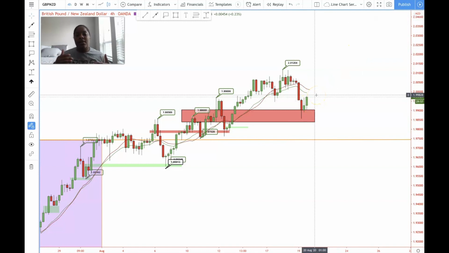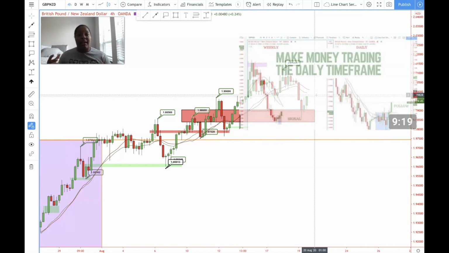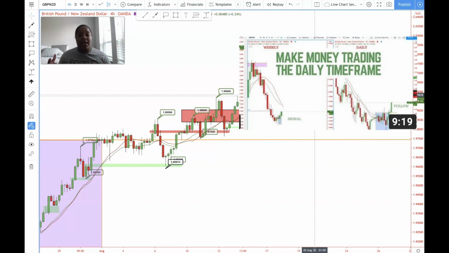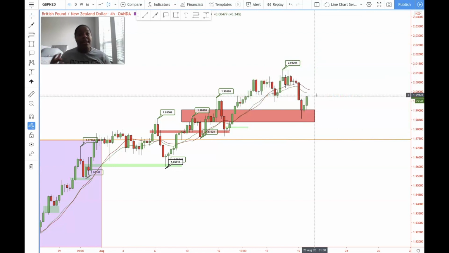So because there's been a demand for the pound over the New Zealand dollar, and we're going to go to that currency pair next, because there's been such a demand for the pound, the New Zealand dollar has been dropping off lately. And I'll link the last video so you guys can see how I've been thinking about these two currency pairs to pick against one another, because once again, grouping our currency pairs, they do correlate negatively or oppositely.